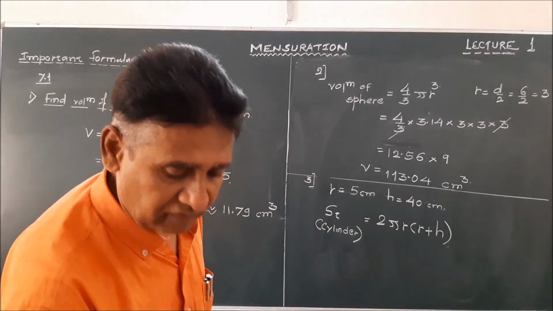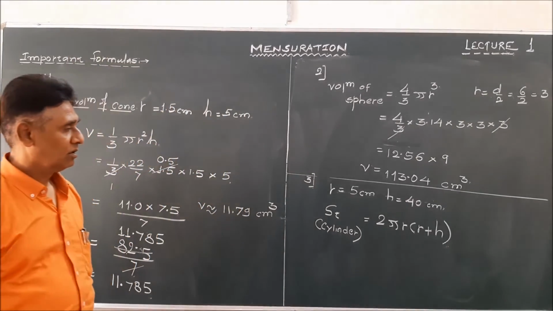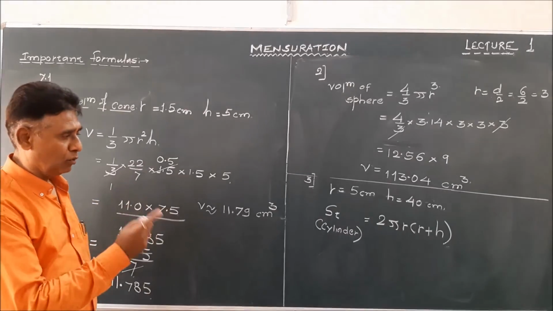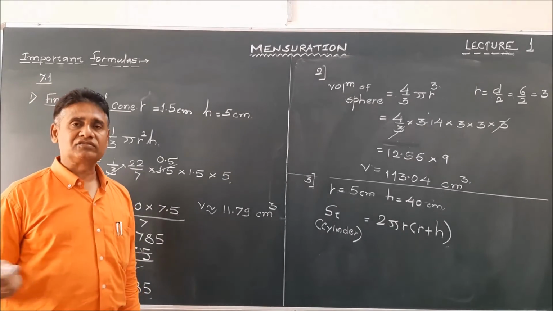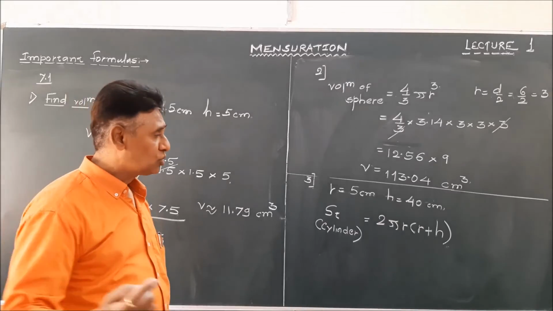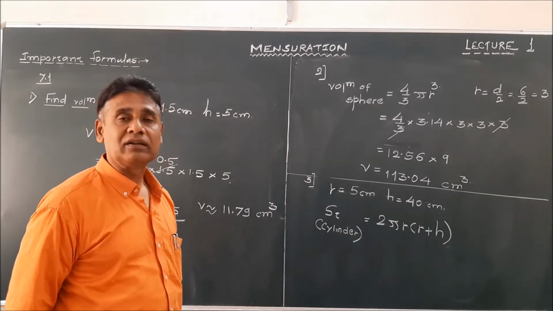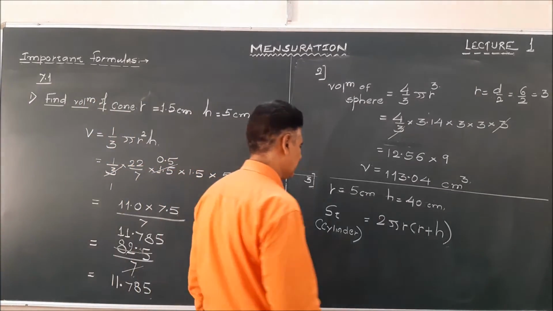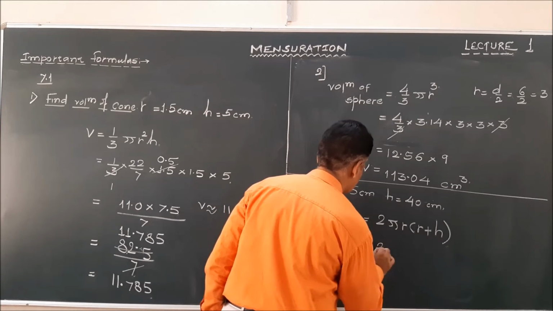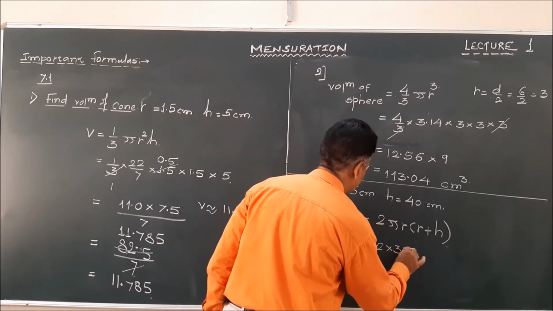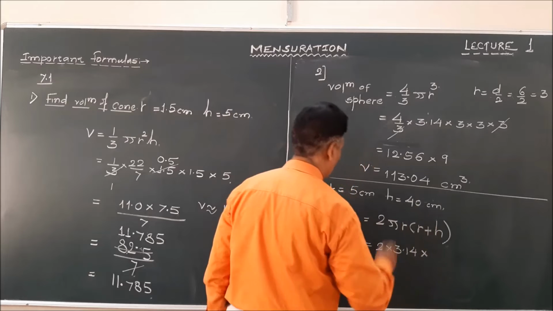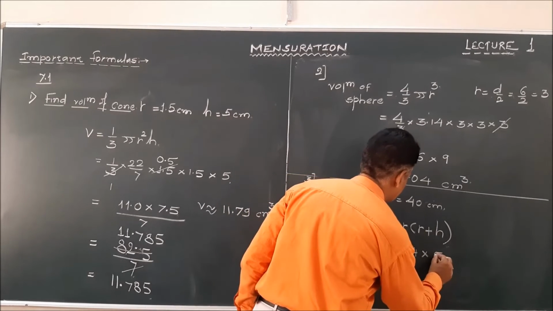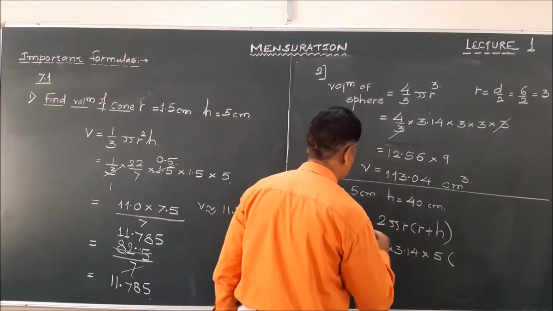They take only the formula for curved surface area. No, there is a difference. Curved surface area is 2 pi R H. Total surface area is 2 pi R into R plus H. Simply substitute the values. 2 pi is 3.14, radius is 5, R plus H is 40 plus 5.